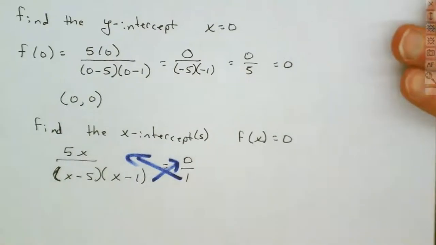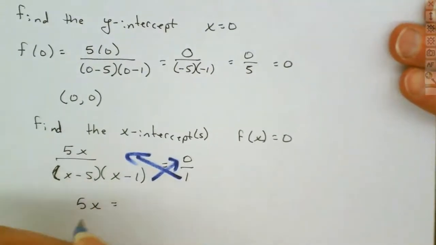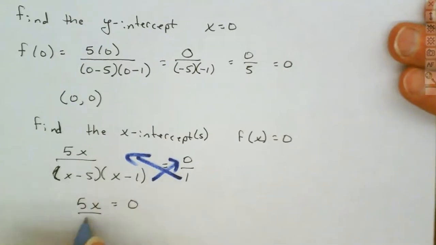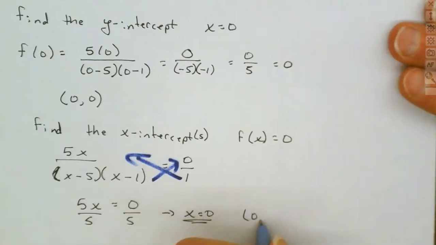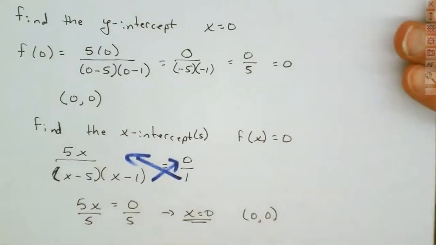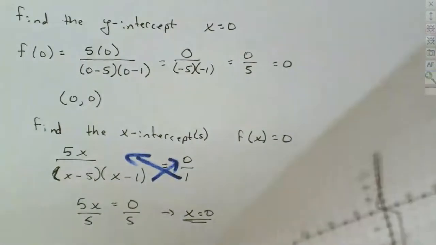And that gives you 5x equals now what? 0. Divide by your 5. And so x now equals what? 0. So that gives me the same 0, 0. So we still can't get rid of a choice there. But we do have it narrowed down to be either C or D.